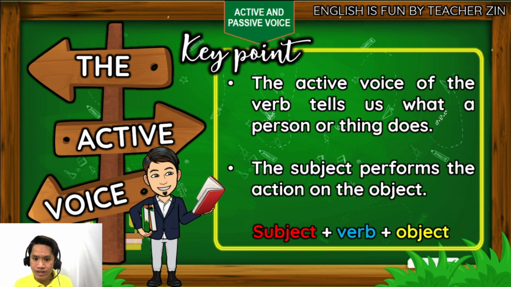So the subject is the performer of the action. Remember this pattern that we apply in a sentence: it should always begin with the subject, then the verb, and then the object. Now, the verb here actually depends, because we have a lot of tenses of the verb.